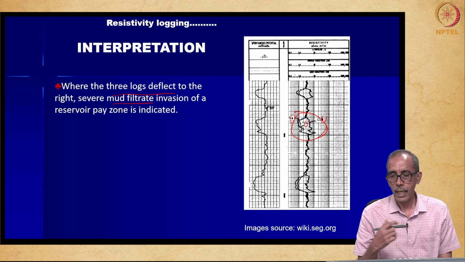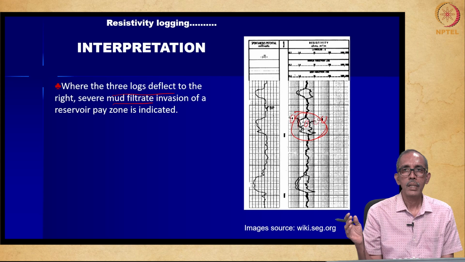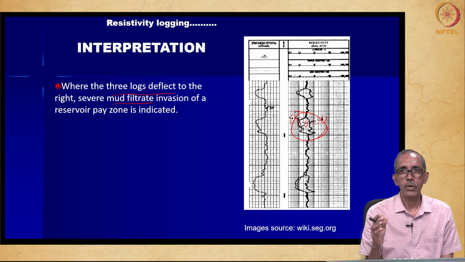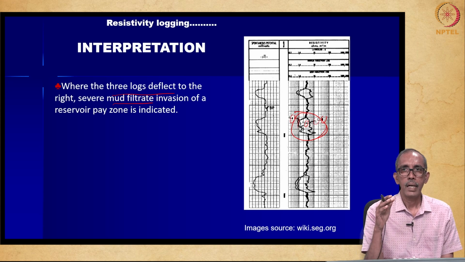So, when the mud has intruded, the deep log only will give the true resistivity of the formation. Look at the shallow and the medium, they are very much deflected, they have moved very much away from the other, indicating that the mud has invaded into these zones.